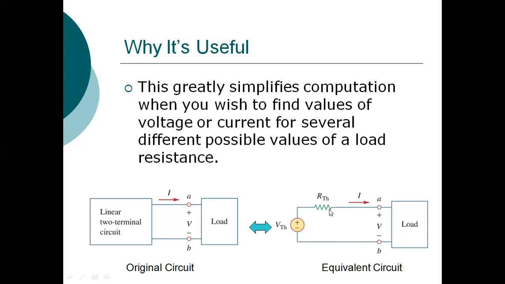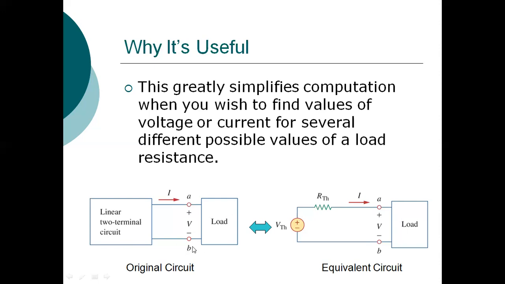This greatly simplifies the computation when you wish to find values of voltages or currents for several different possible values of load resistance. This load we can change every time, whether it is a light, a fan, or a machine, but the complicated network remains the same.